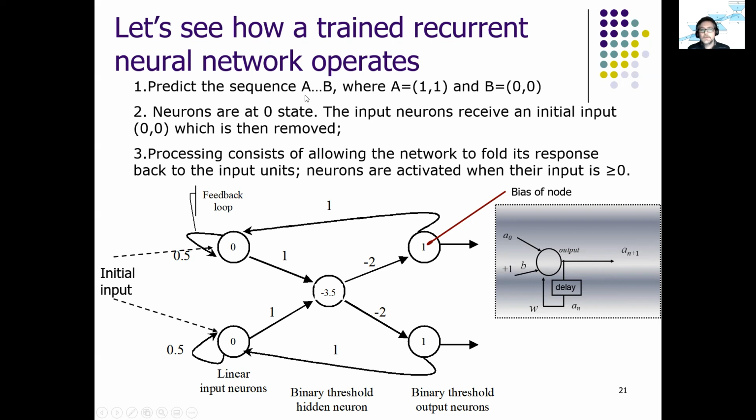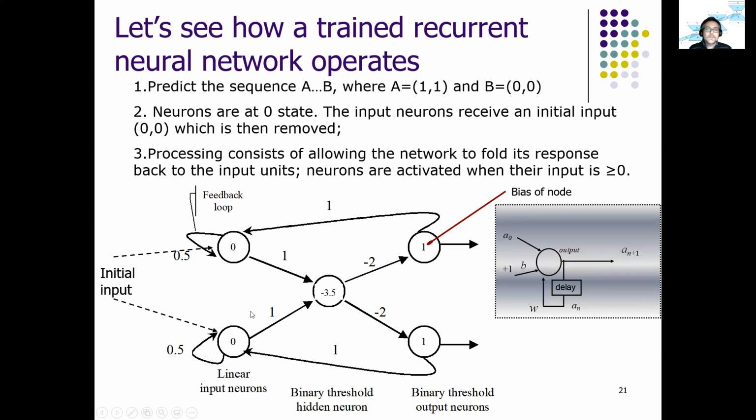In this case, it's a very simple network, and we want to generate a sequence. The sequence has some kind of letters, and to keep it simple, we have just two patterns, two letters, A and B. A is represented by a vector 1, 1, and B is represented by another vector 0, 0. And that's our recurrent network.